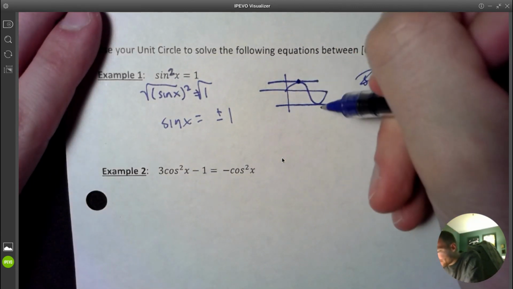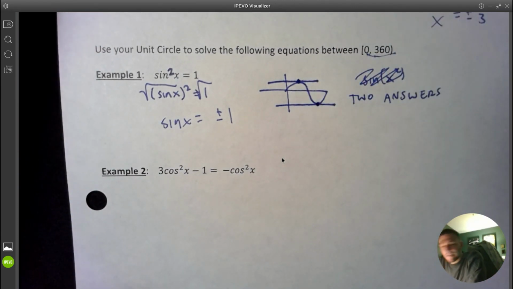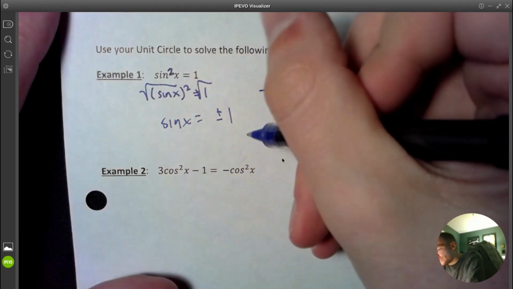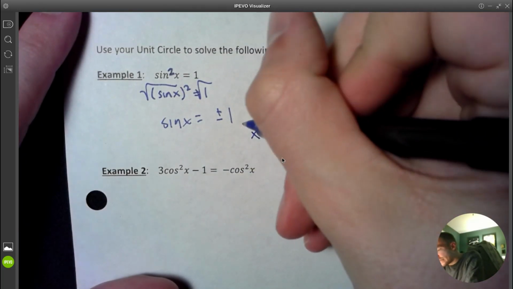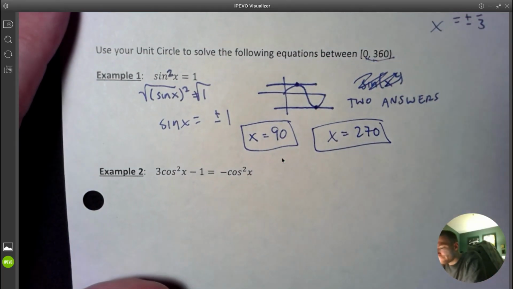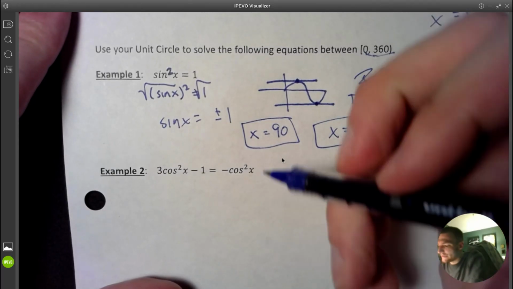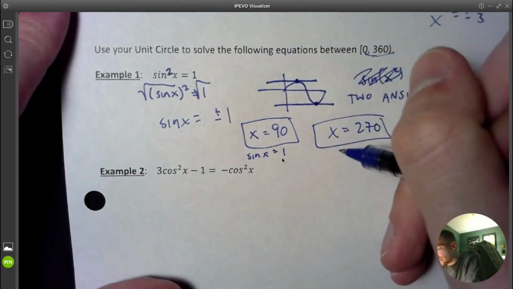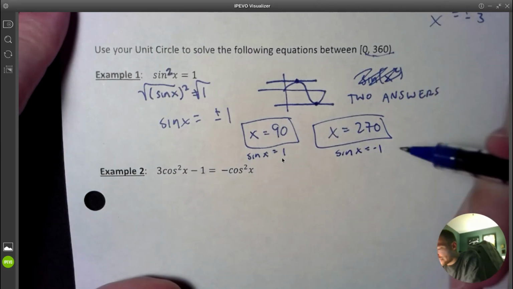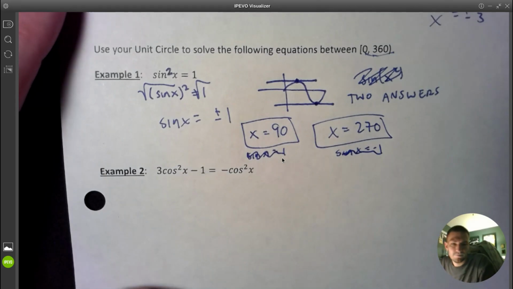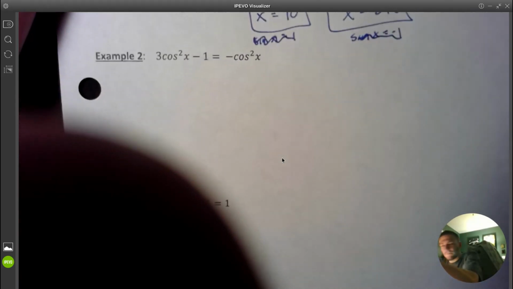Up here and down here, I can use maybe my unit circle. Sine is the y values. We're talking degrees. I'm thinking x equals 90, and I'm thinking x equals 270. This is where sine x equals 1, and this is where sine x equals negative 1, but it doesn't matter. They're both answers.